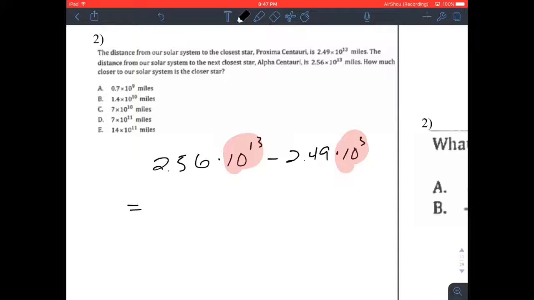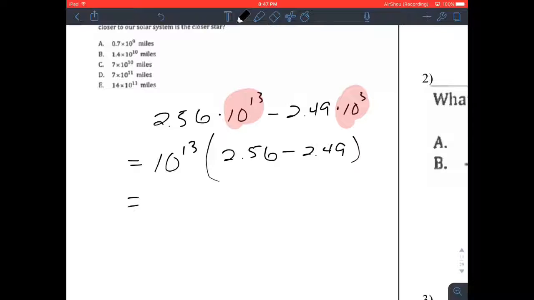You can factor out that, since it's in both terms, and you're left with 2.56 minus 2.49. If you subtract those, you're going to get 0.07.